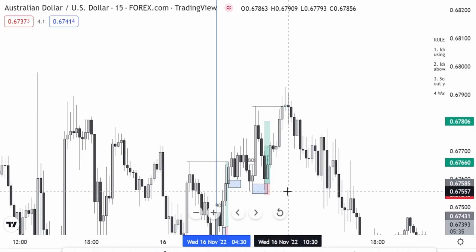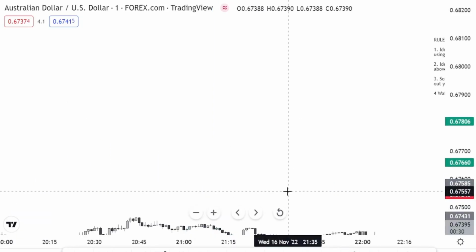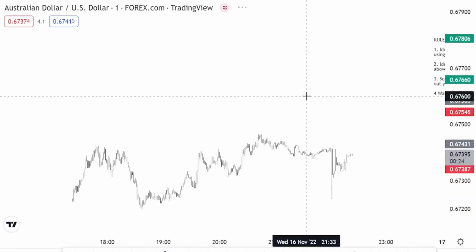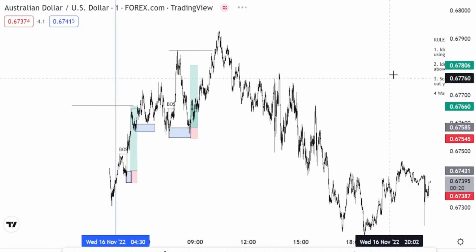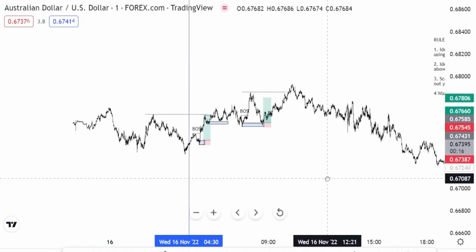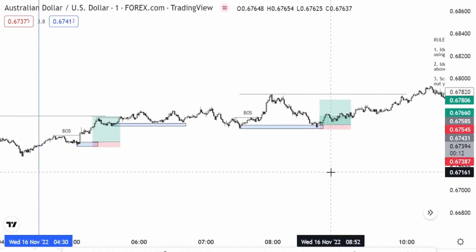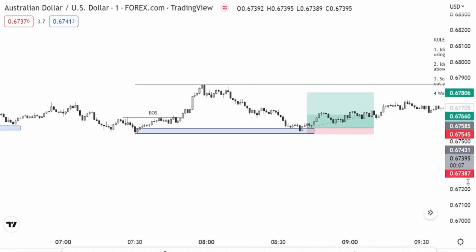So I go back to that 1M to be able to see where I would have targeted. Let's get back there and see. This is a big expo that I'm giving to you for free, guys.